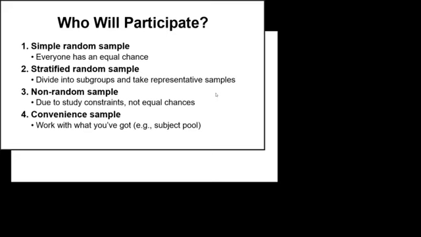So I would stratify or divide up my population into those subgroups of interest. So maybe there's 98 English-speaking universities and 2 French-speaking universities. So I would set it up so that 98% of my sample would come from those English-speaking universities, and 2% would specifically be drawn from French-speaking universities.